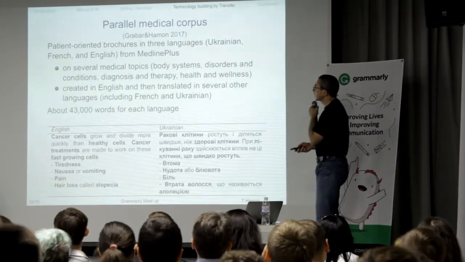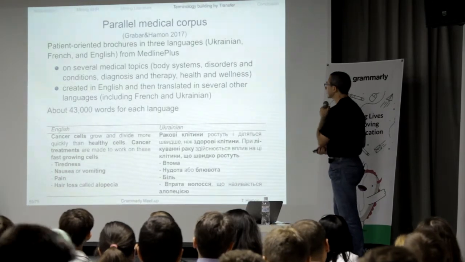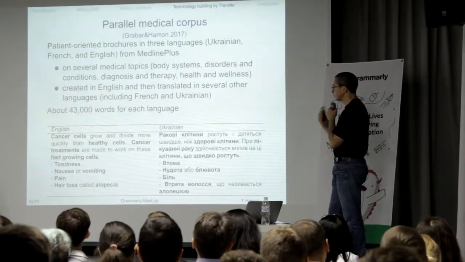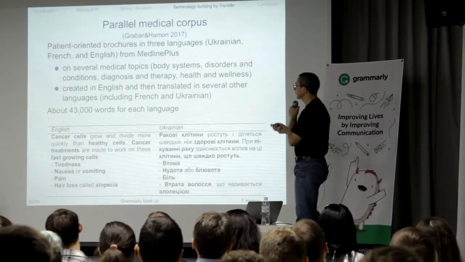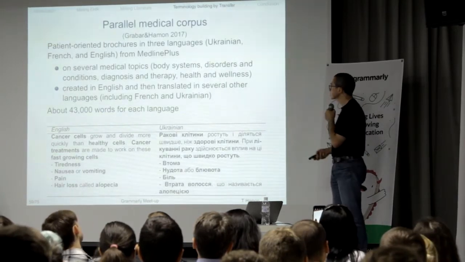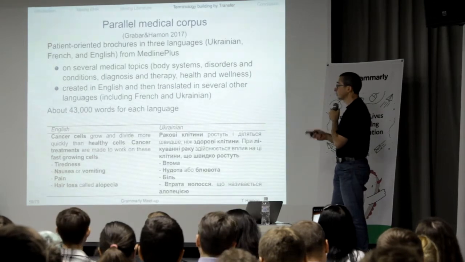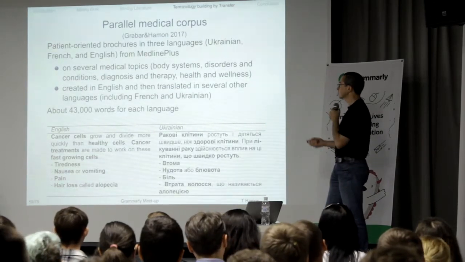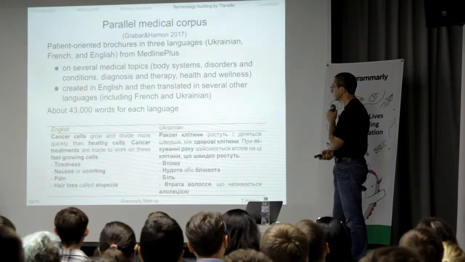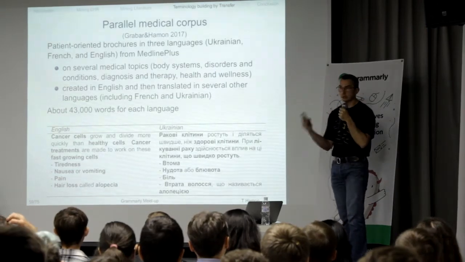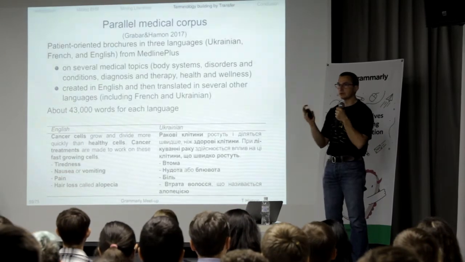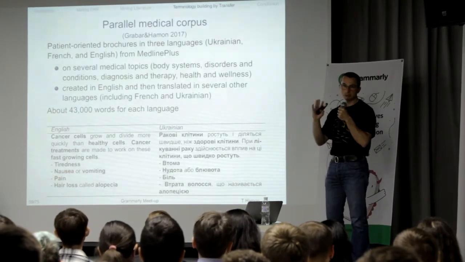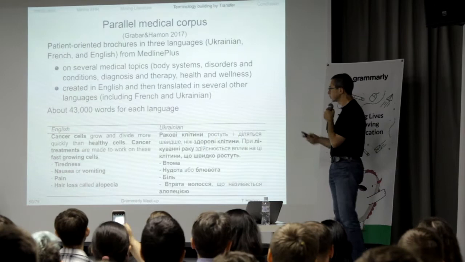And the parallel corpora, as I said, is a patient-oriented brochure in three languages for our problem. It's on different kinds of medical topics. It's written in English and translated into different languages, French and Ukrainian. There are different versions, so sometimes we have difficulty aligning the text, but it can be done.